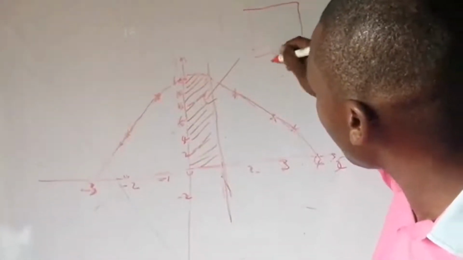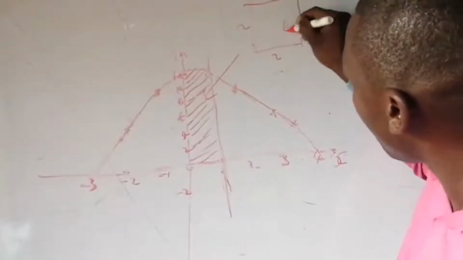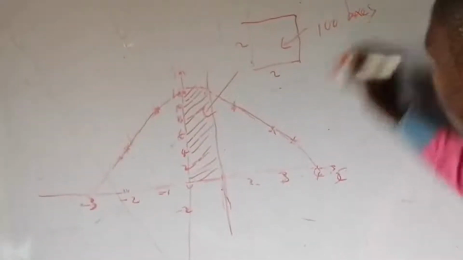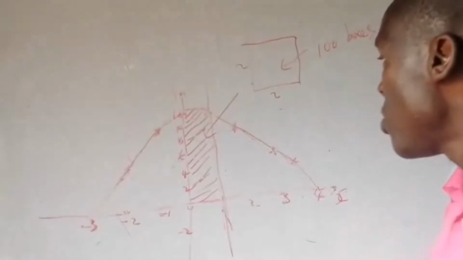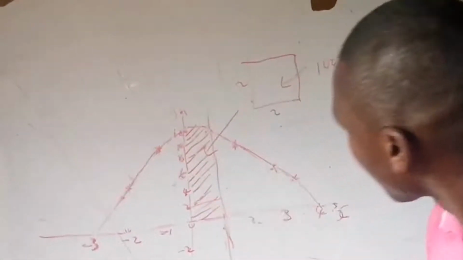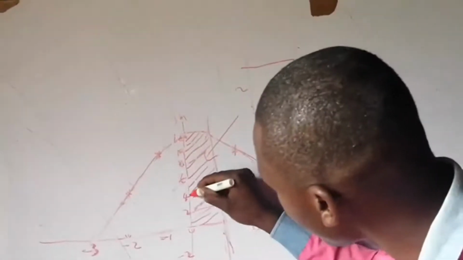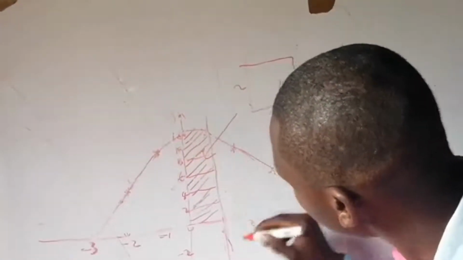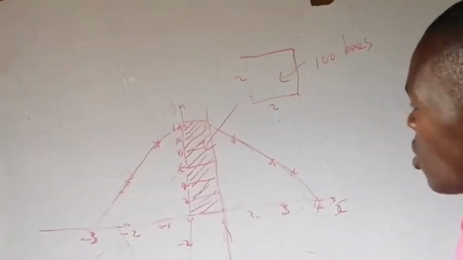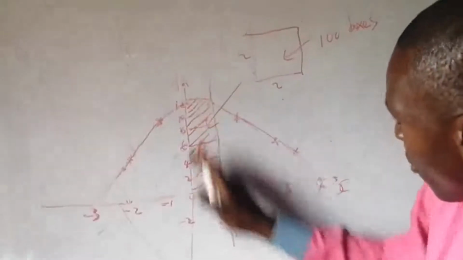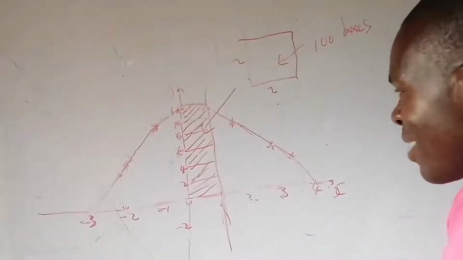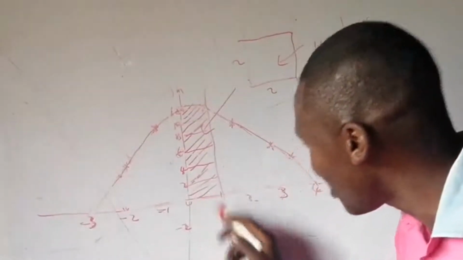A square of 2 by 2, note that, has 100 boxes. So here we have the first square, the second, the third, fourth, fifth, sixth, and the last part. In this case, don't waste your time counting 1, 2, 3.